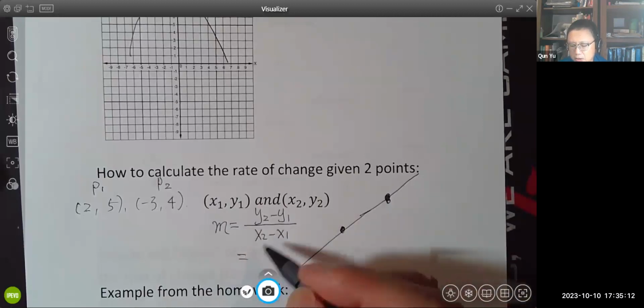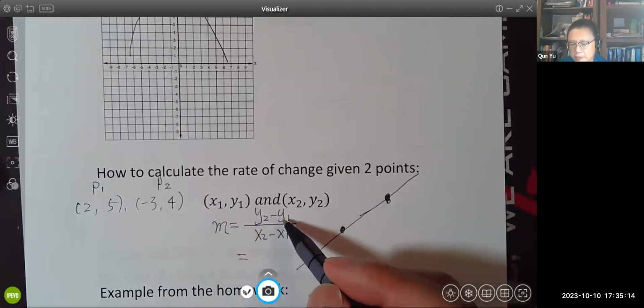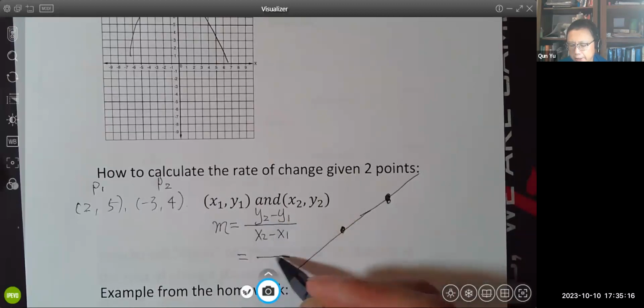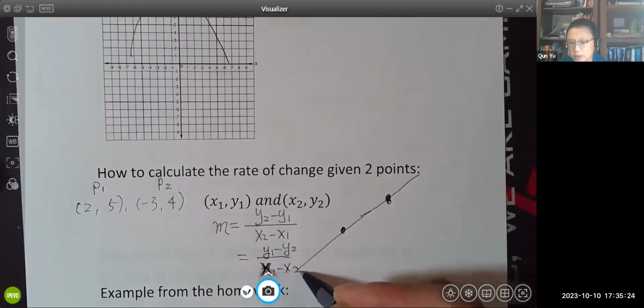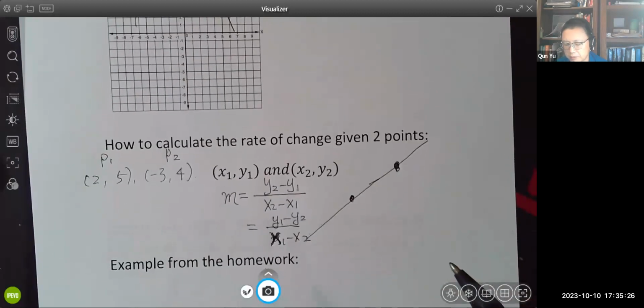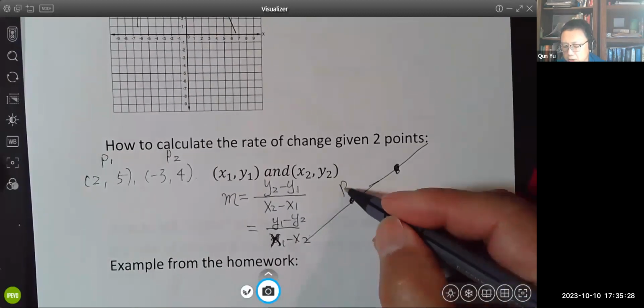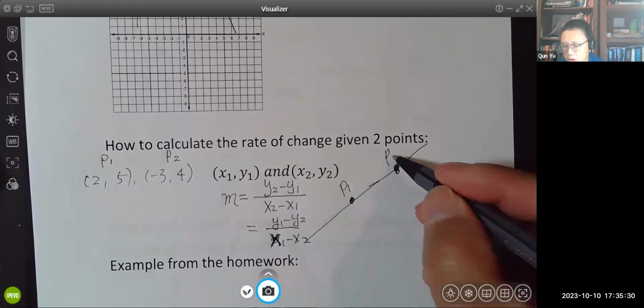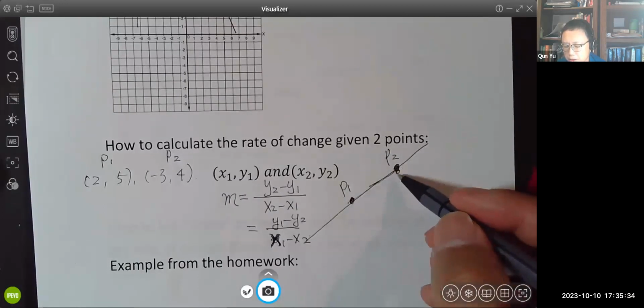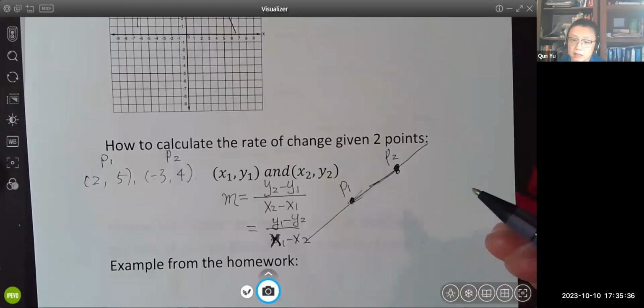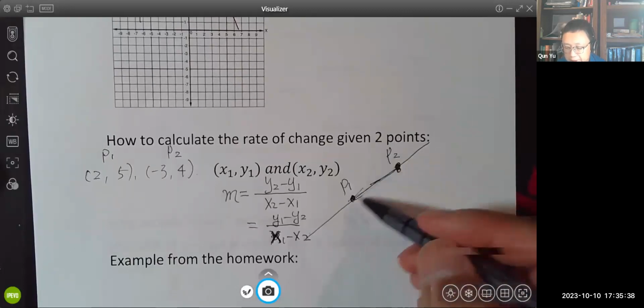And it doesn't matter whether you use the second point value minus the first point value or the other way. So y1 minus y2 over x1 minus x2. It doesn't make any difference, because no matter whether you go from P1 to P2 or from P2 to P1, even though they have different directions, either way you get the same line.